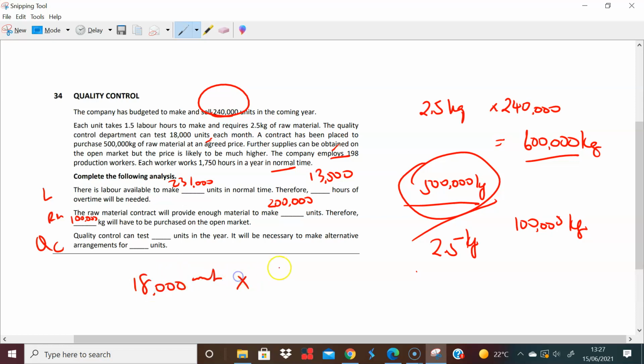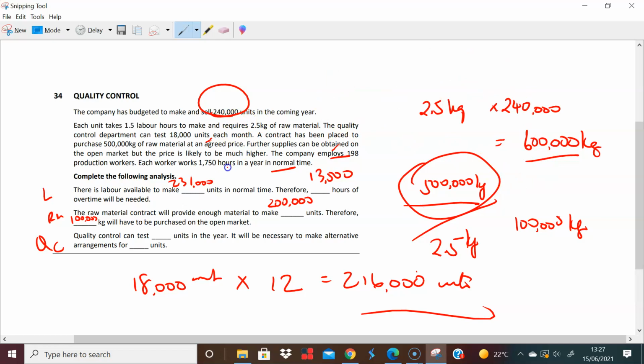So that's each month, and therefore for 12 months we have 18,000 times 12, which takes us to 216,000 units each year that they can test.